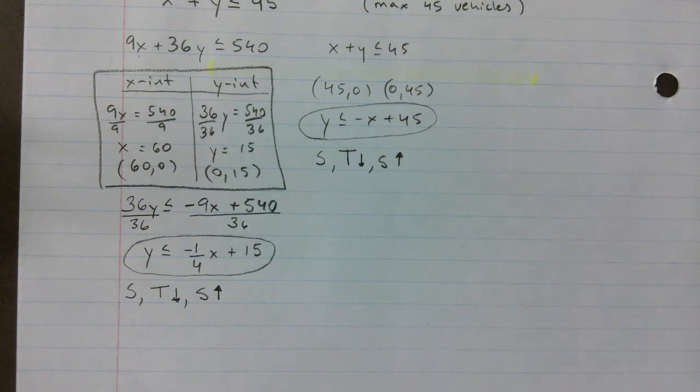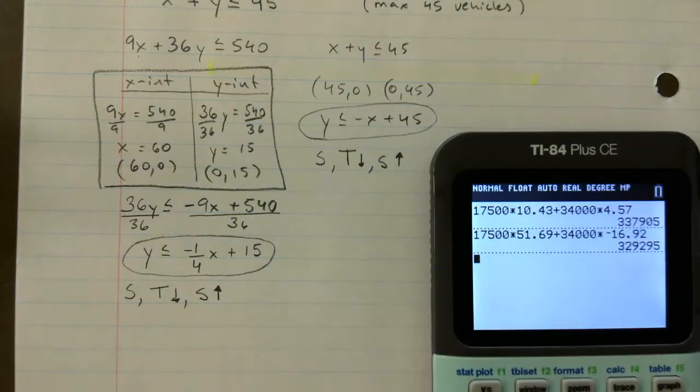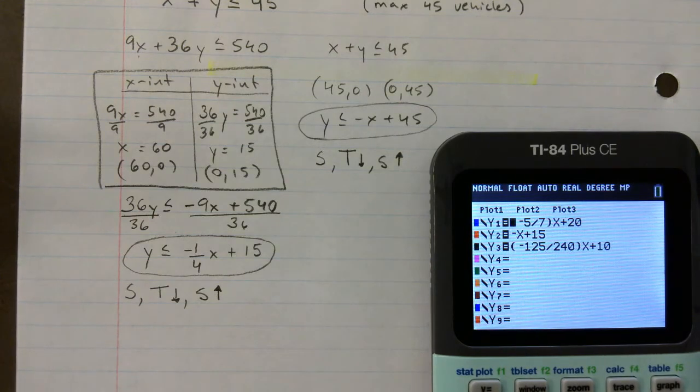I will type this into my calculator before I graph, just to make sure the point of intersection shows up and I know where it is. Make sure you get those negatives right. So I type that in.